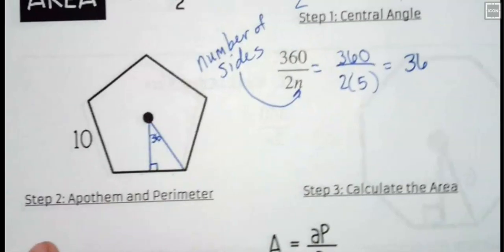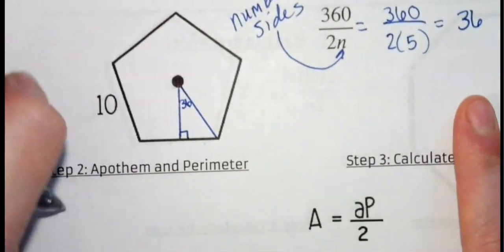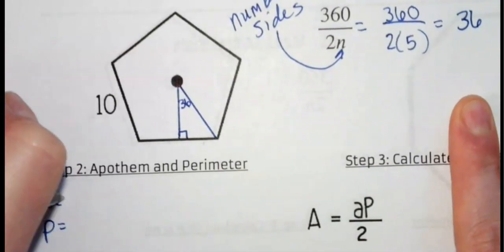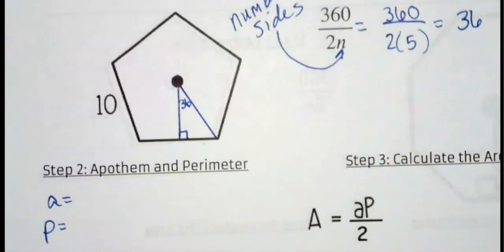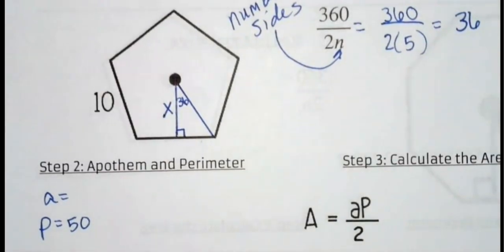And then we have to determine, okay, what are we given and what do we need? Well, we need the apothem and we need the perimeter. We already know what the perimeter is because we know all the sides are the same. So if each side is 10, there's 5 of them, our perimeter is 50. That's pretty easy. But our apothem we don't know, so I'm going to put an x there because we are going to solve for it using trig.